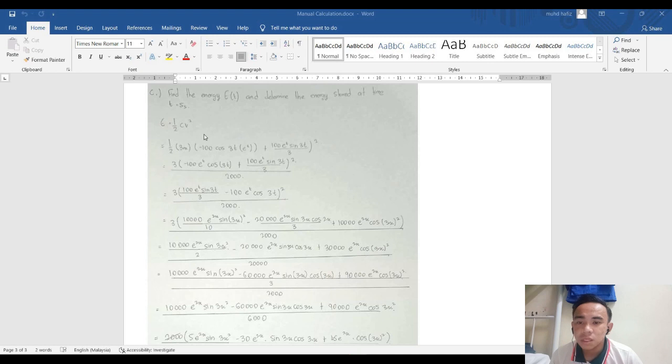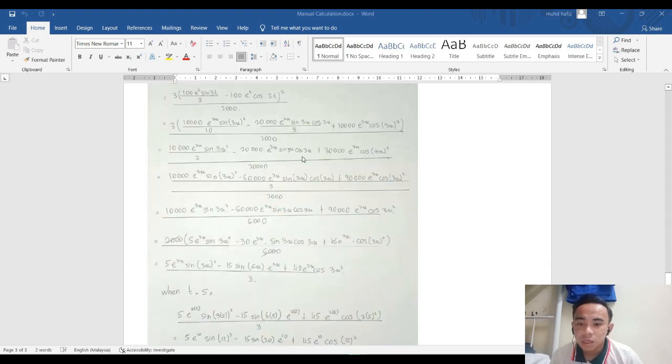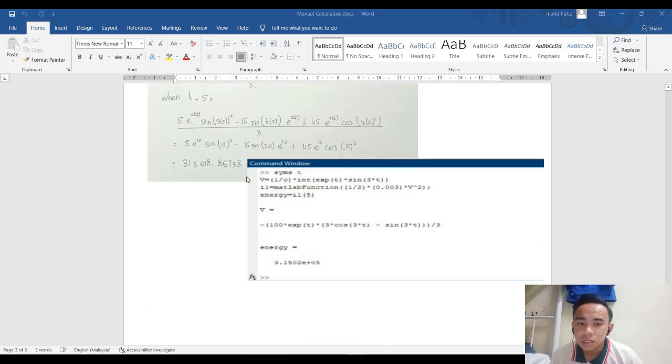When we substitute the values of C and V squared, the answer we get is 315,018.86738.